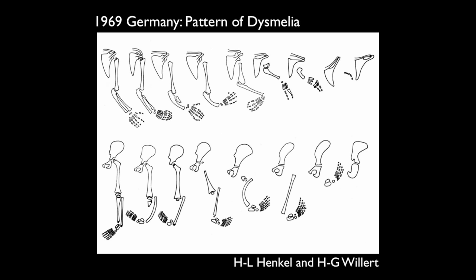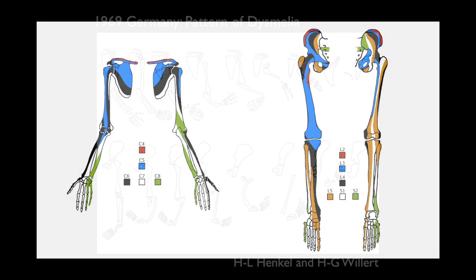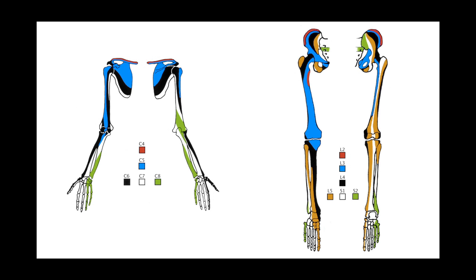I visited Professor Willett in Göttingen in Germany, and using his material and my method of analysis, he and I established in 1999 that the different skeletal malformations seen throughout a phocomelia are due to injury to one or more sensory nerve segments.